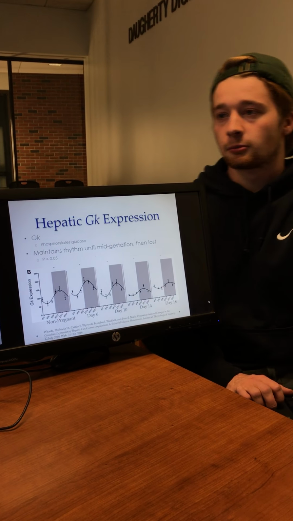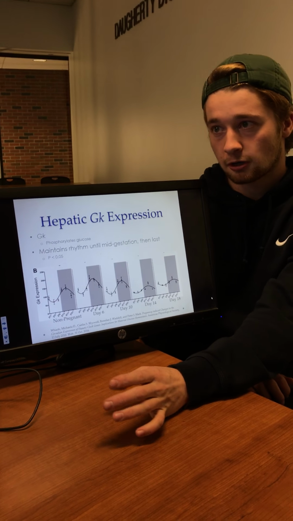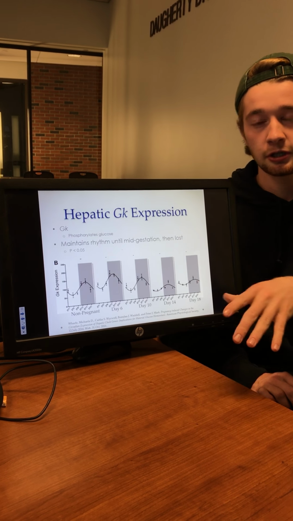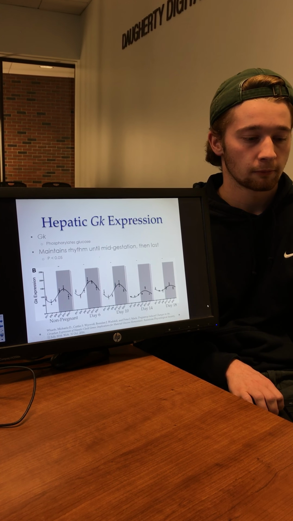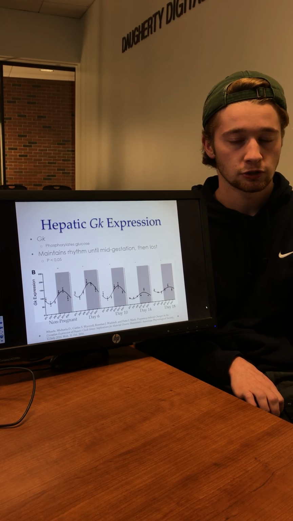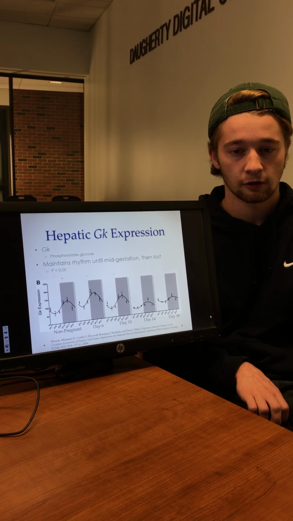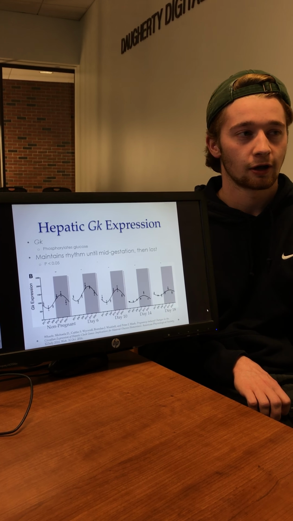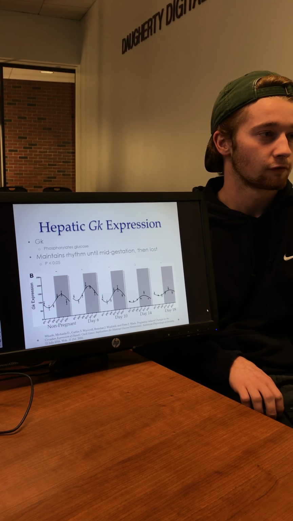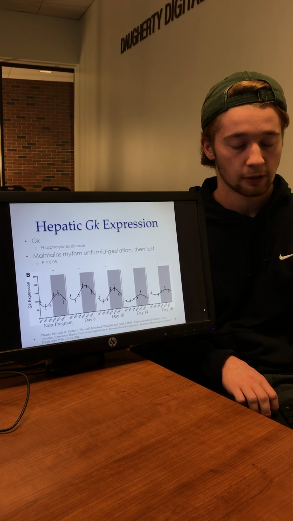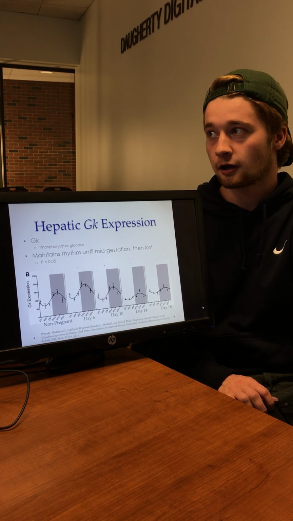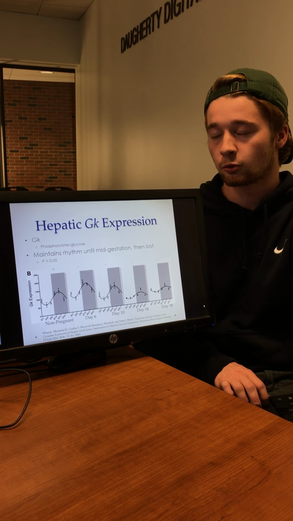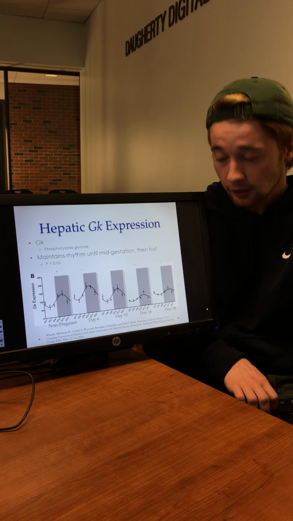So here we see something a little bit different. We're looking at the expression of a protein called GK, and GK is a protein that phosphorylates glucose, and this is essential in the glucose pathway to ensure that glucose stays inside the cell, and we need this because the requirements of the pregnant mouse are being increased due to the fact that the fetus is requiring more and more energy for growth.